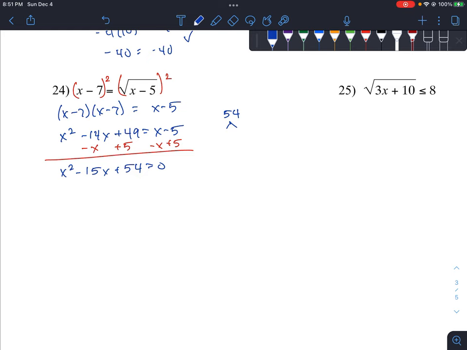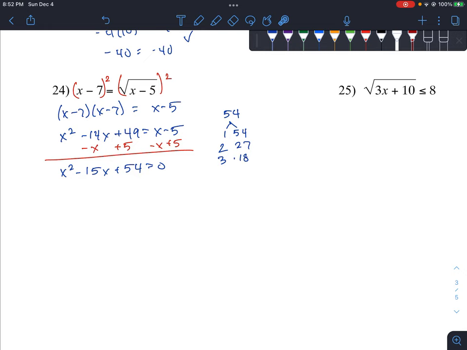So 54, that's 1 and 54. 2, see, 54 divided by 2 is going to be 27, so neither of those work. 54 divided by 3 is 18. So 3 and 18 might work, except this is positive and this is negative. So I don't think those work, because this would have to be negative 18, positive 3, but this is positive 54.